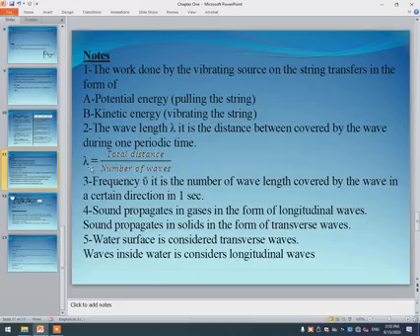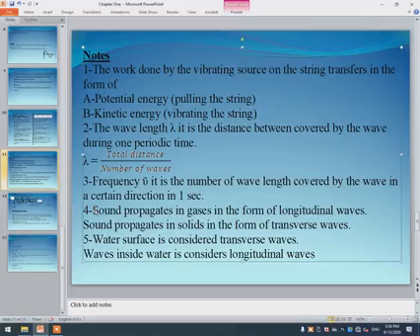This is lambda. So here we can put a definition for frequency in terms of lambda. We said that the frequency is the number of waves in 1 second, and each wave has a wavelength. So we can replace waves by wavelengths. So we can say that the frequency nu is the number of wavelengths covered by the wave in a certain direction in 1 second.